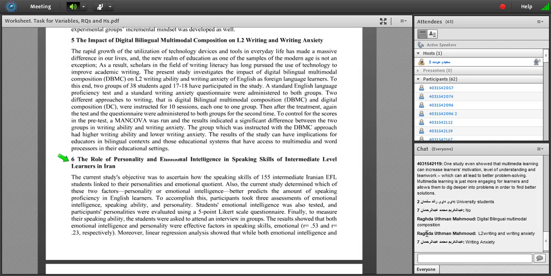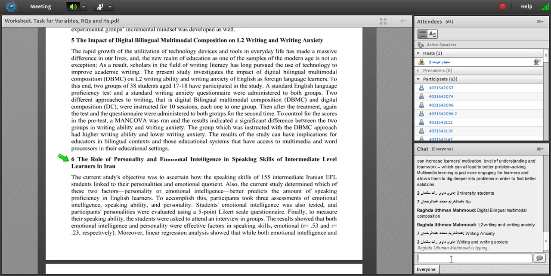Now let's see number 6. The role of personality and emotional intelligence in speaking skills of intermediate level learners in Iran. Can you tell me the independent variable in this topic, number 6?